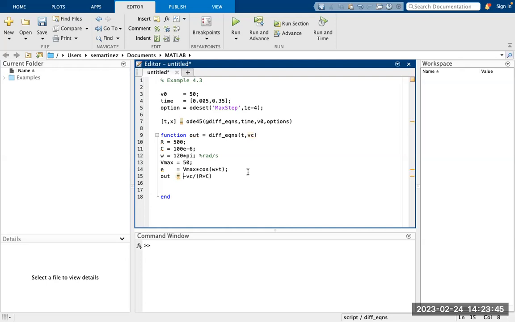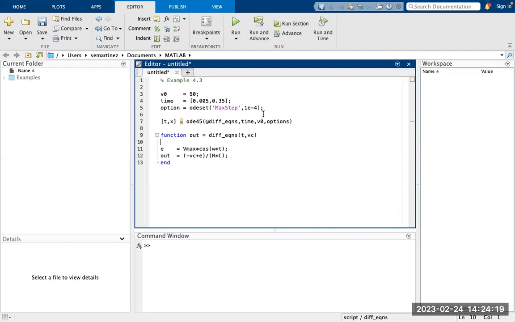So let's do it like this: minus VC over R times C, plus E, as simple as that. So that is going to be our function, right? Our output is going to be the differential equation, and everything is defined inside of the function. So that's important. We could have defined this thing in here.